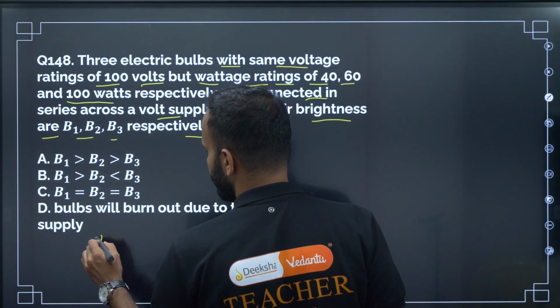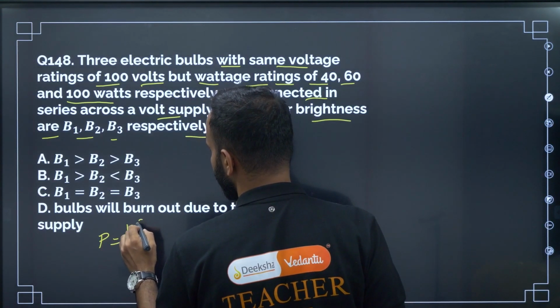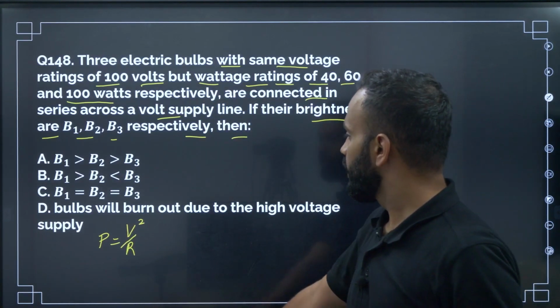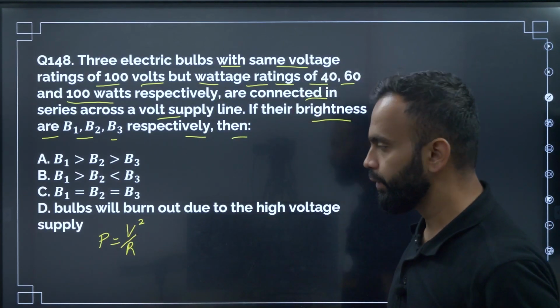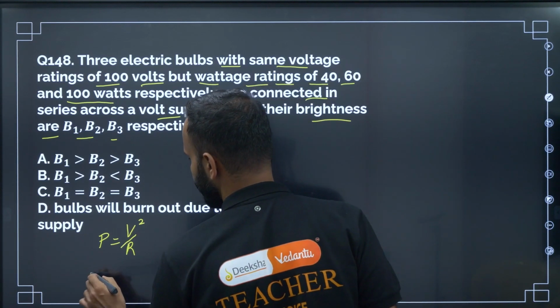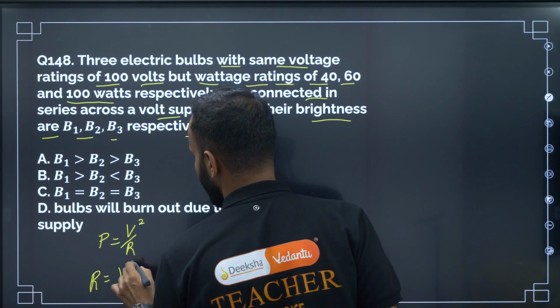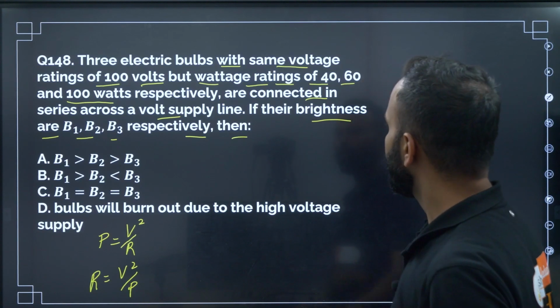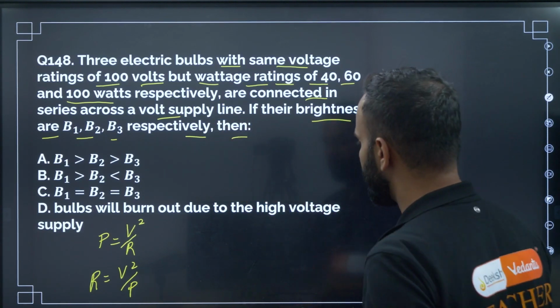So power P equals V square divided by R, the rated power. So R is equal to V square divided by P, right? V is constant, that is 100 volts.